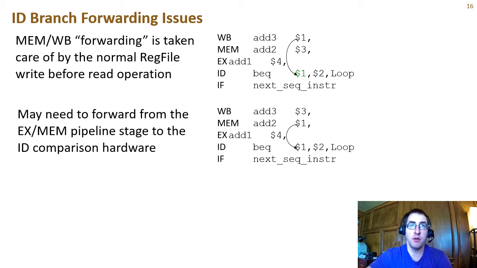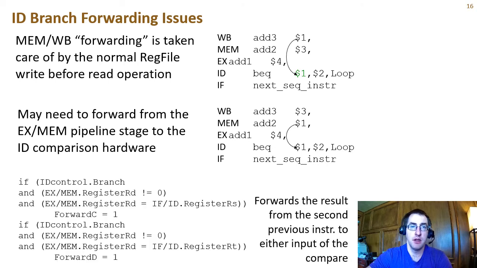If that $1 value is being written in the mem stage, then we may need to forward from the EX-MEM interstage buffers to the decode stage in order to send it a value. The logic to do this is here.